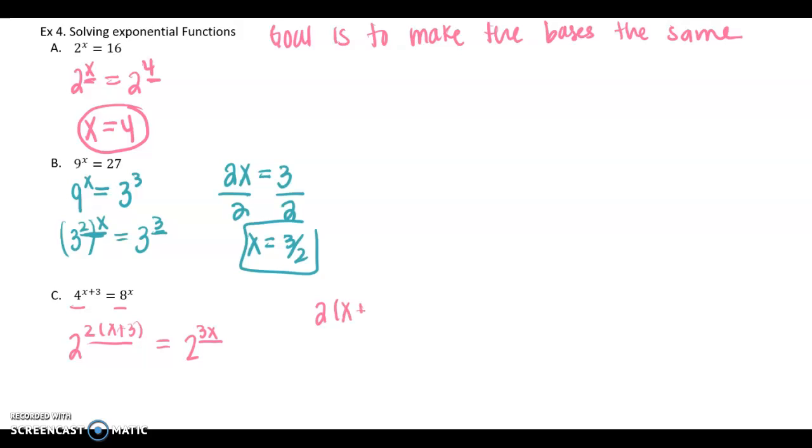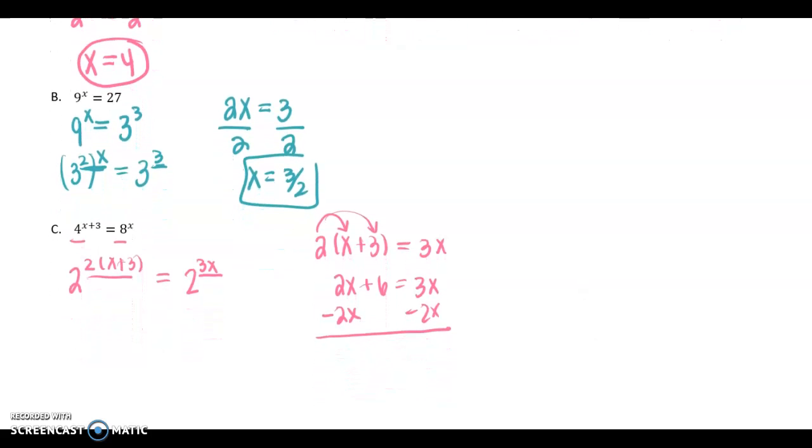So 2(x plus 3) equals 3x. Distribute the 2, and then isolate x. So I'm going to subtract 2x to the other side. And x is equal to 6. So that would be my answer.